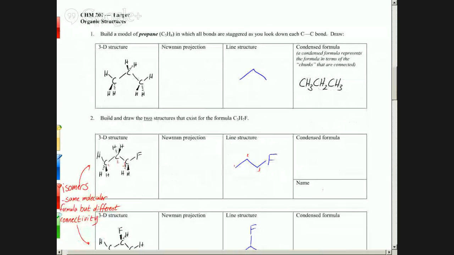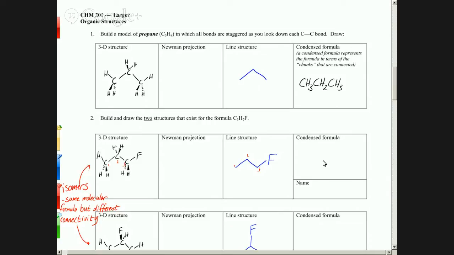So what might be the condensed formula for this next one, right here? That's right. So the number 3 that we just did, those were condensed formulas, right? Just written according to their connectivity. How would you write a condensed formula for this one?